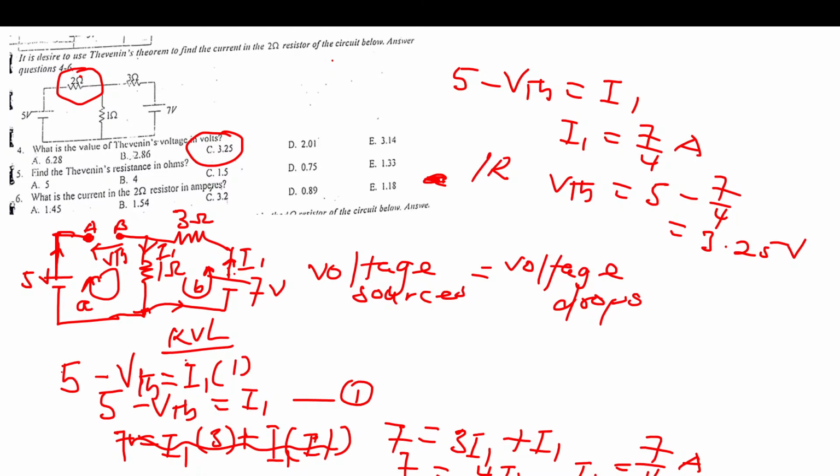So question 5 is asking us to find the Thevenin's resistance. Now, the Thevenin's resistance RTH is equal to the total or the effective resistance of the circuit.